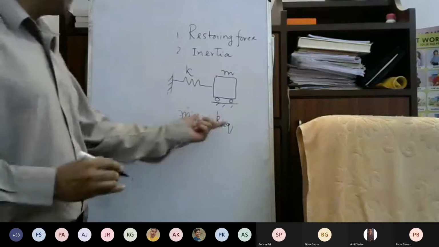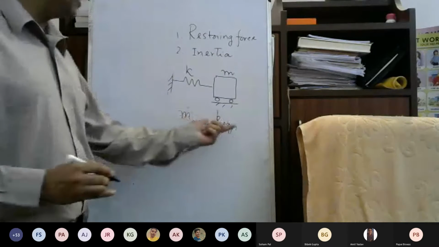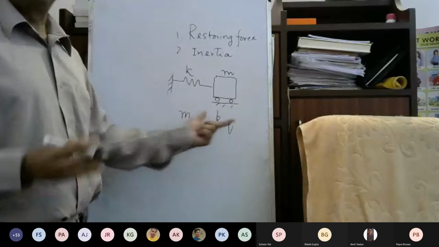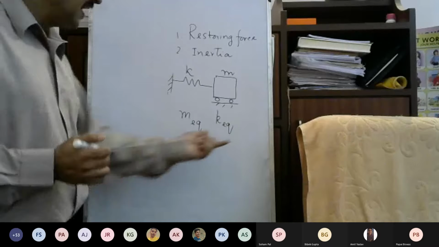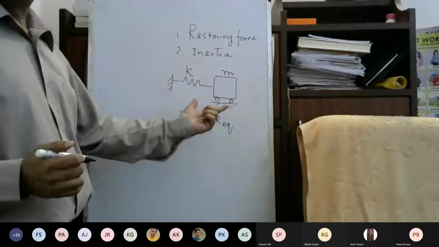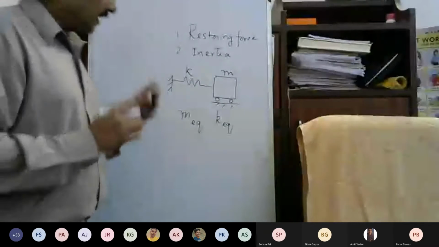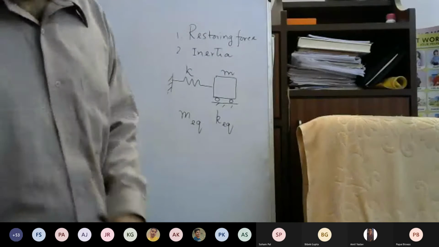The spring stiffness is actually representative of the restoring force field, and we can find out the equivalent stiffness of that. So I think we should stop here, at least the lecture part.